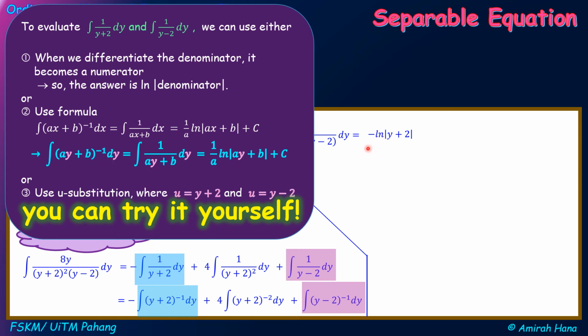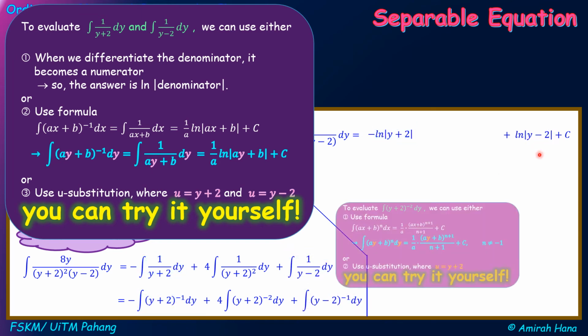So we have negative ln of (y plus 2). And when we integrate 1 over y minus 2 dy, we have ln of (y minus 2). You can try this technique by yourself.